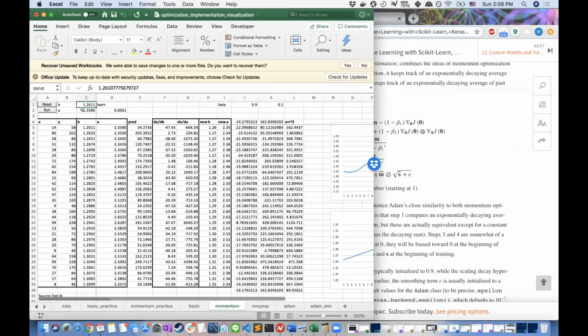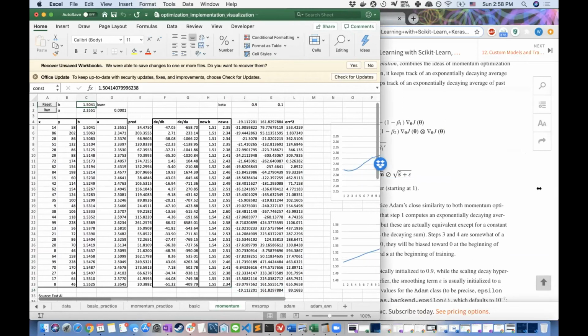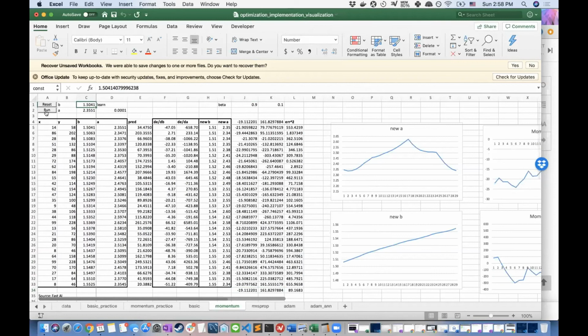Okay, so it seems to be a little faster than gradient descent.